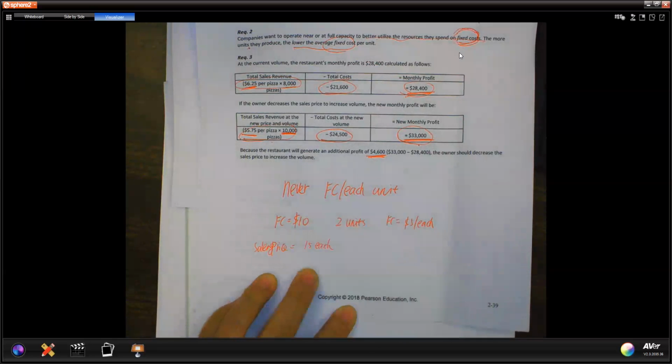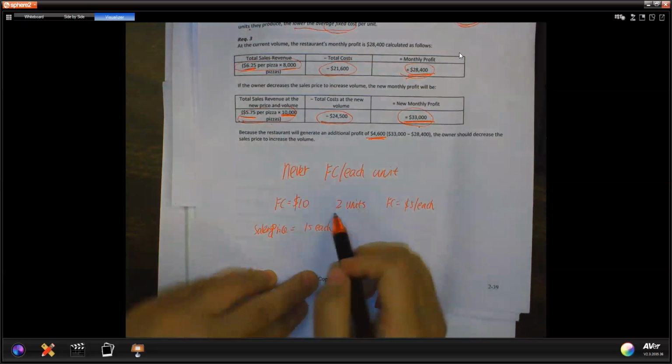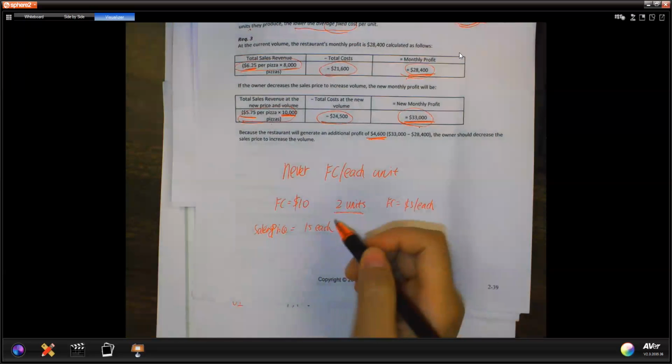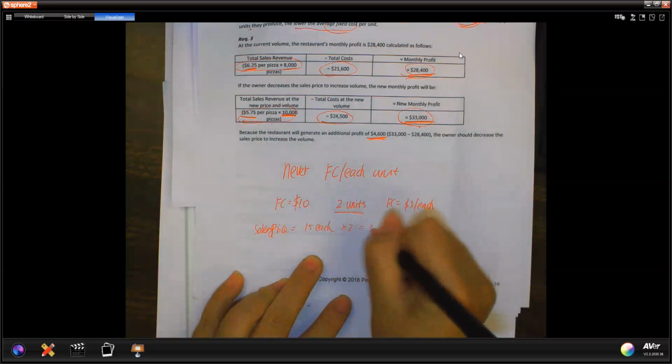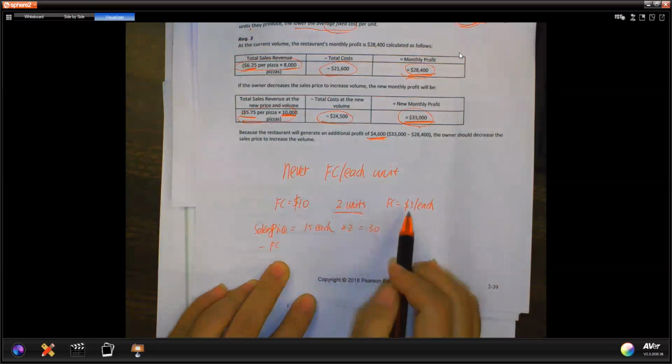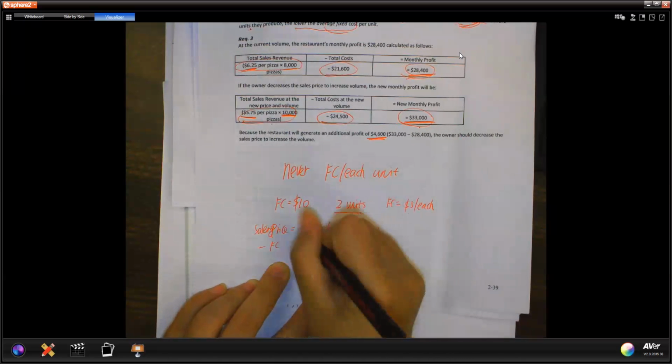Selling price is $15 each. So when you make 2 units and sell them, your total revenue will be $30. You subtract all the costs, which is fixed cost, $5 each times 2, so that gives you $10.